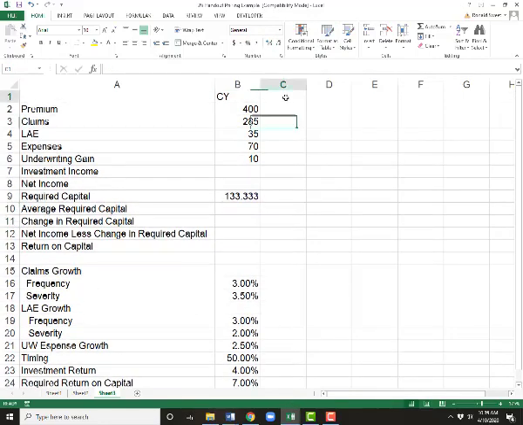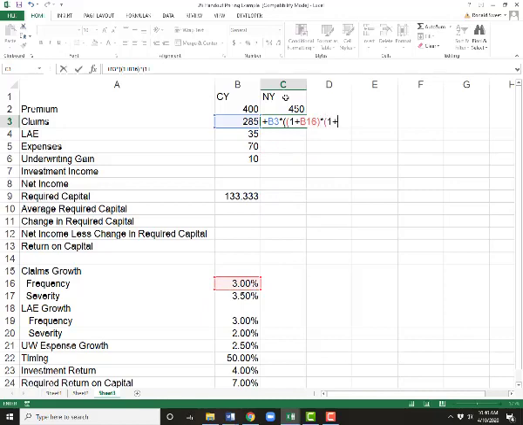And so then we do the next year. We don't know what the premium is, so I'll just plug in 450 just to get started. Our claims are going to increase by 1 plus the frequency times 1 plus severity.